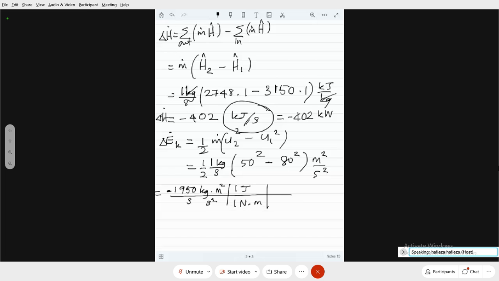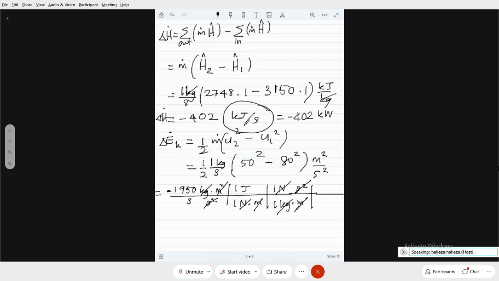And 1 Newton meter is equal to 1 kilogram meter second square. I'm using the unit from the first slide. Let's see whether we need to cancel: meter square, second square, Newton, kilogram.